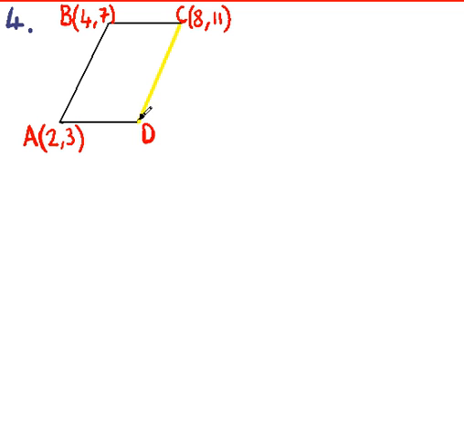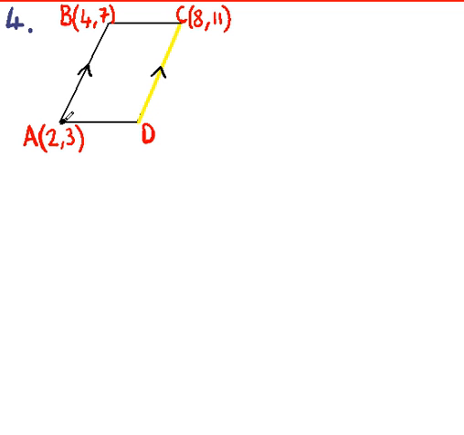So we have to find another way of working out the gradient of this yellow line. The question tells us the shape is a parallelogram. That means this side here, AB, and the side we're looking for, CD, are parallel. That helps us because AB has two points at either end, A and B, the points (2, 3) and (4, 7), so we can work out the gradient of the line AB.